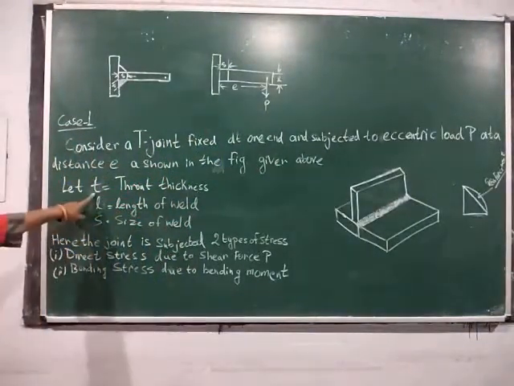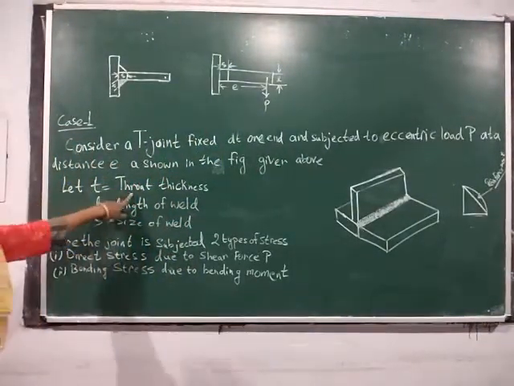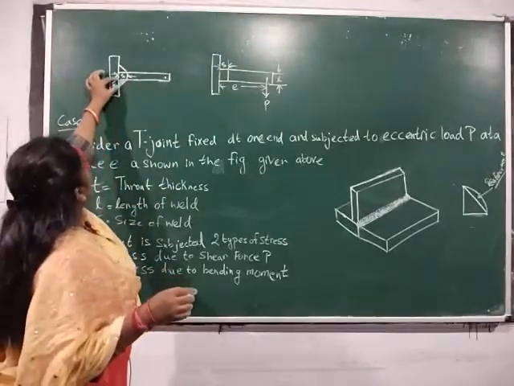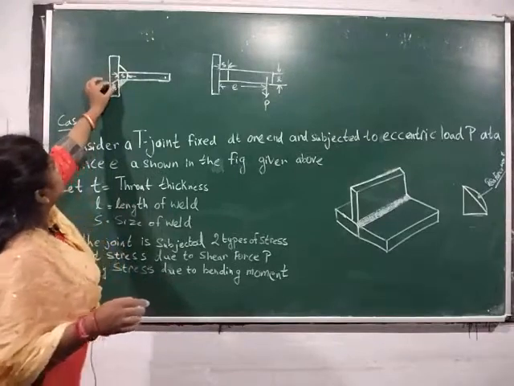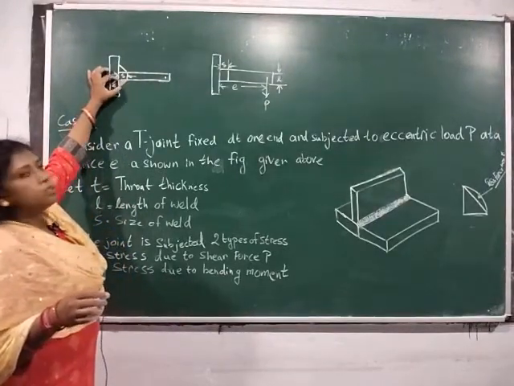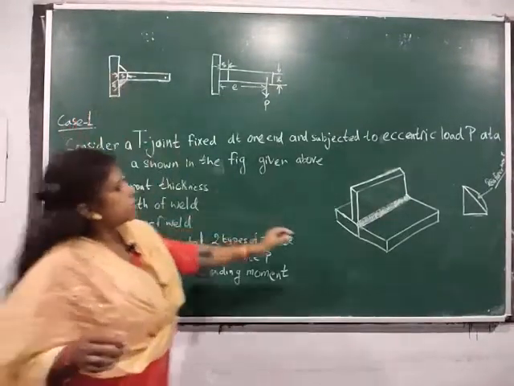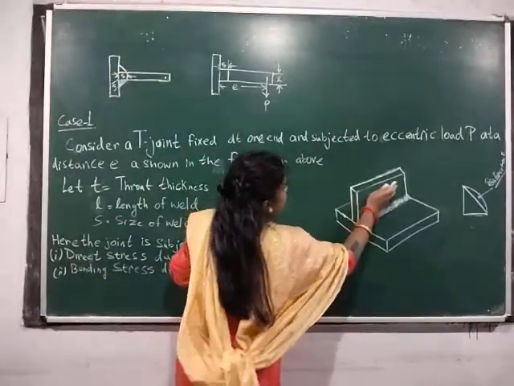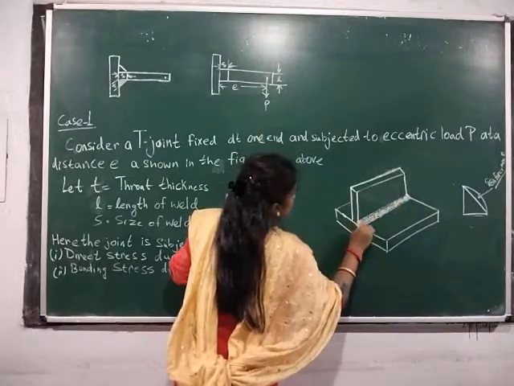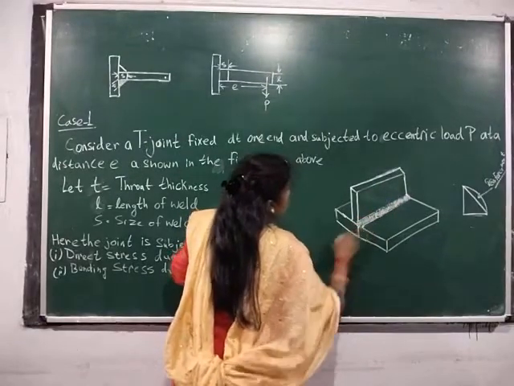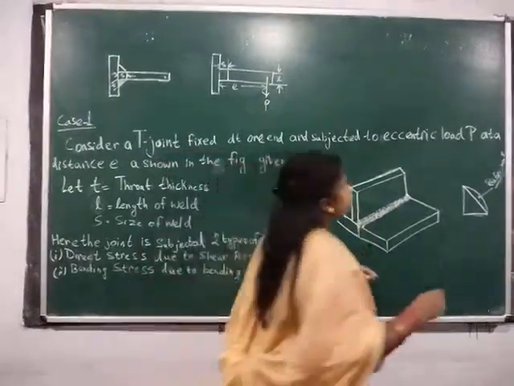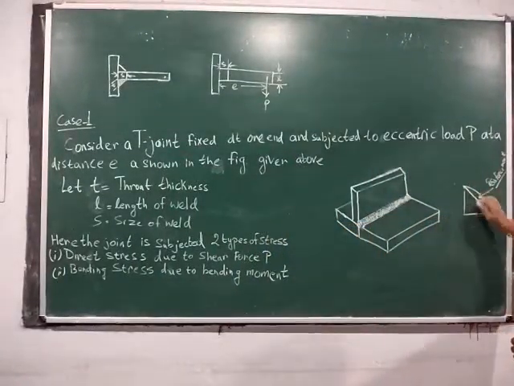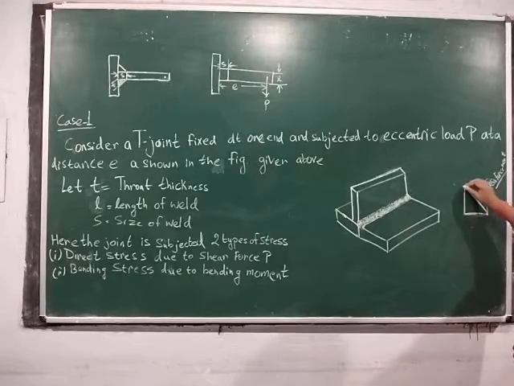So T is the thickness of the throat. Here you can see this portion, the weld, the thickness of the weld is T. If I draw a 3D drawing, if this is a T section and this is the weld, then this thickness is T. We generally take the weld as a triangle.